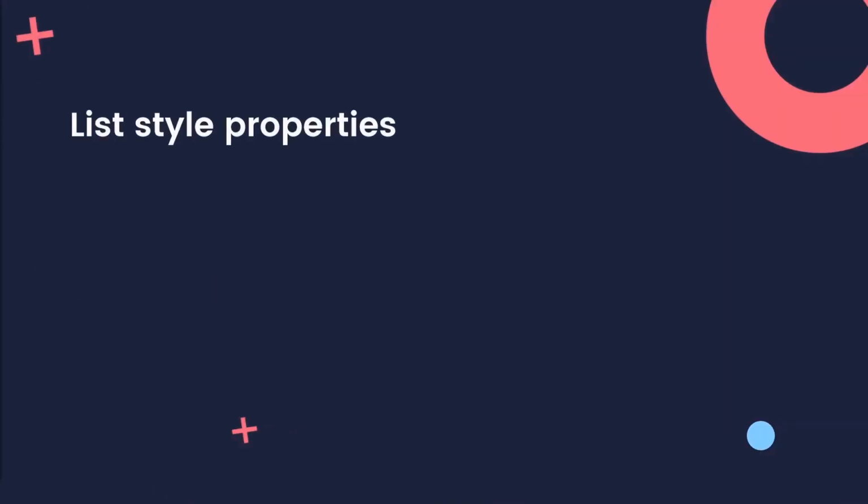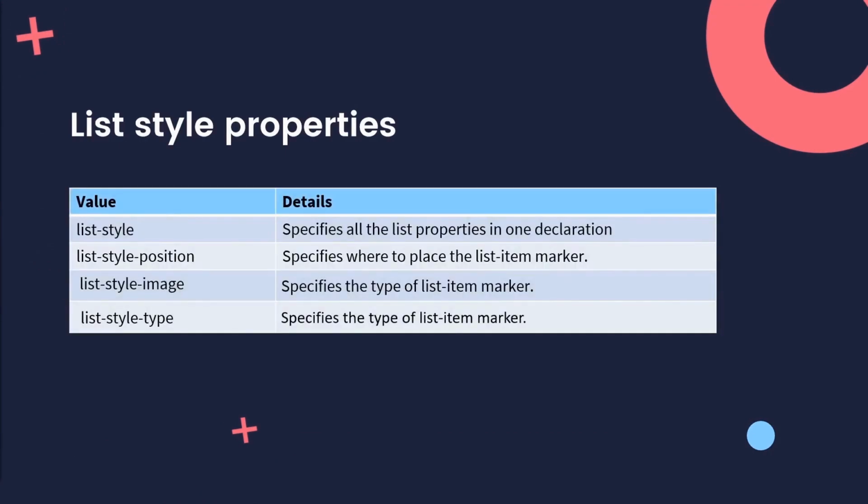So let's have a look at some of the list style properties that we can use when it comes to styling our navigation bar or just a list. The first one we have is the list style property. And this is essentially the shorthand for manipulating all the properties associated with styling a list. This includes the position, the type, the image, and all of those things. You don't always use the shorthand unless you want to condense your code.